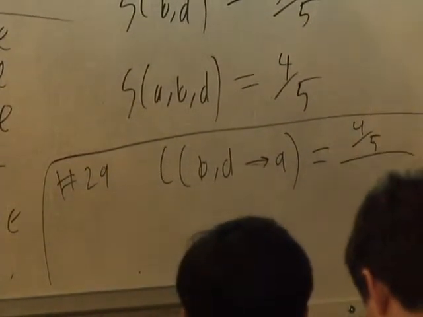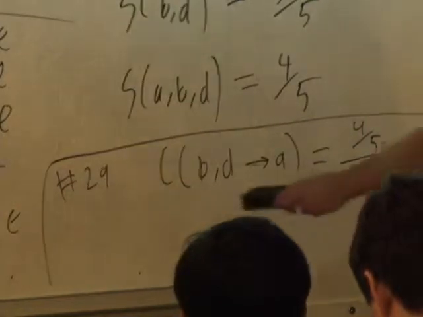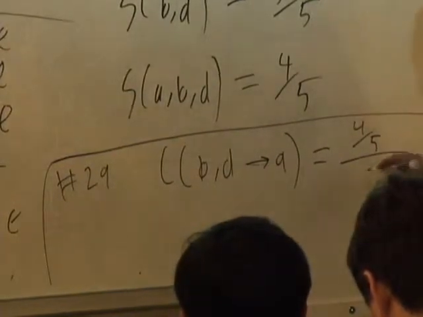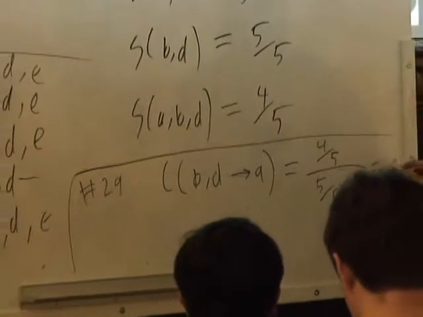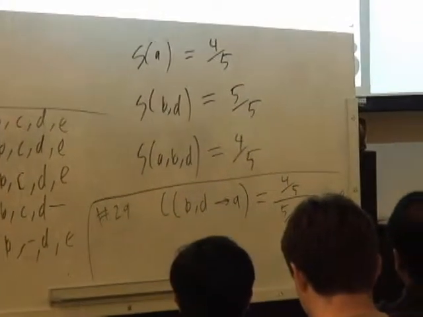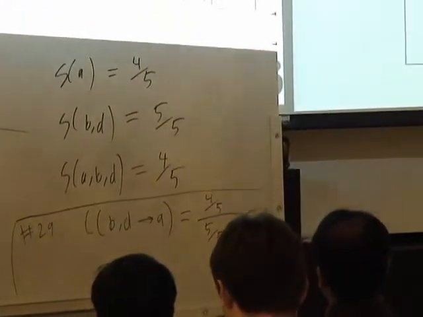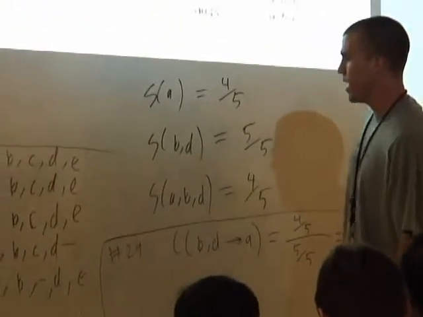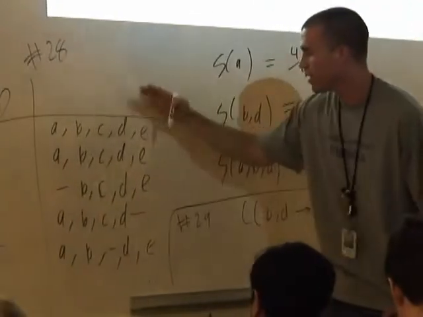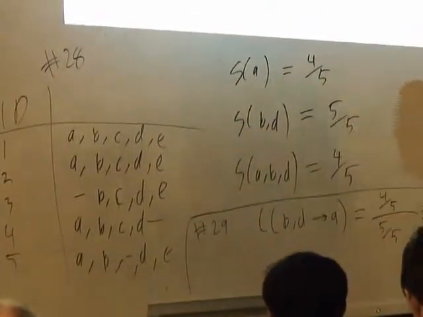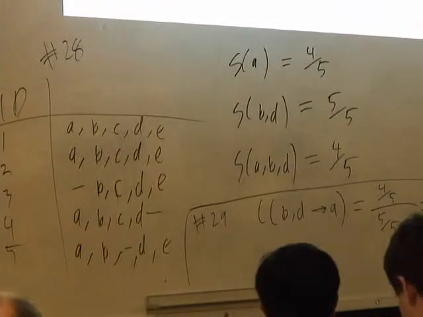On the bottom, I put everyone who bought B and D, which is 5 out of 5. So this comes out to 0.8, or 4/5. Before it was 4/5 of the transactions; now 4/5 of the people who bought B and D also bought A. Who bought B and D? Everyone, and 4/5 of the people bought A. So that rule has confidence 0.8.